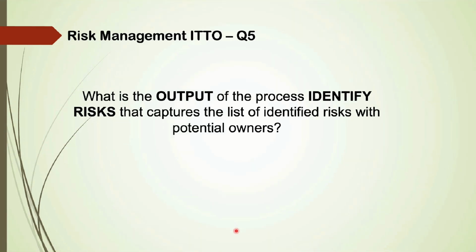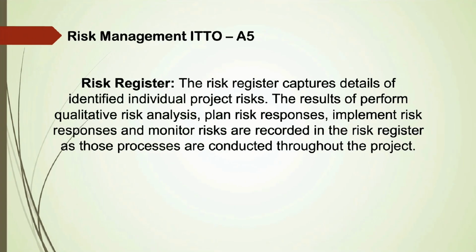Question number 5. What is the output of the process identify risks that captures the list of identified risks with potential owners? Answer: risk register.